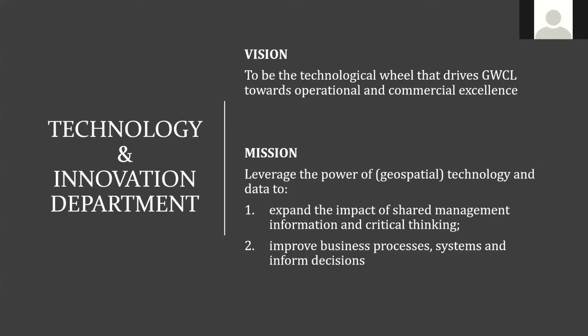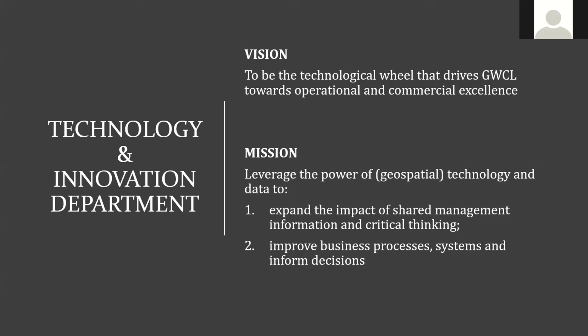So the GIS department or unit falls under the umbrella of a bigger department. I'll briefly take you through the structure. We also have a vision for the department, and our vision is to be a technological wheel that drives the company towards its operational and commercial excellence.